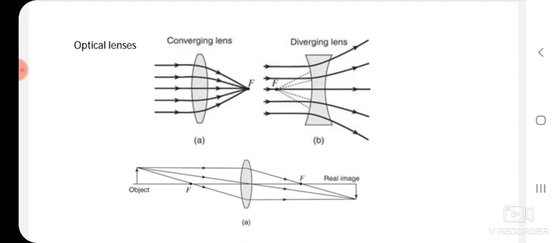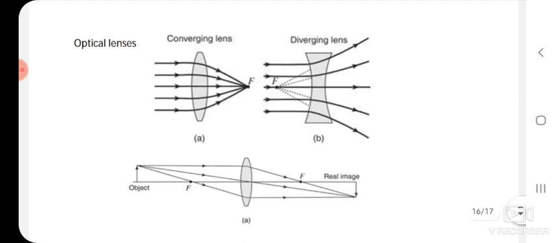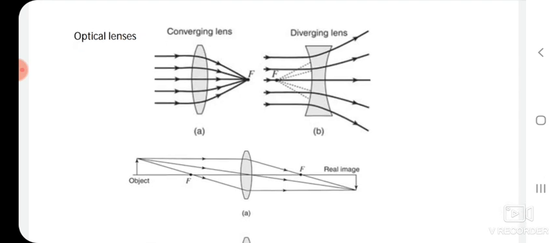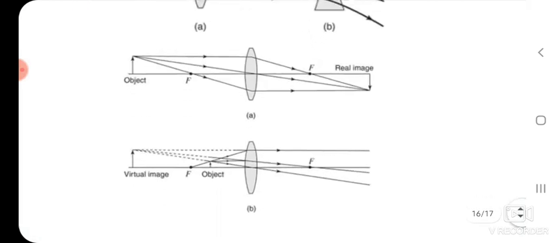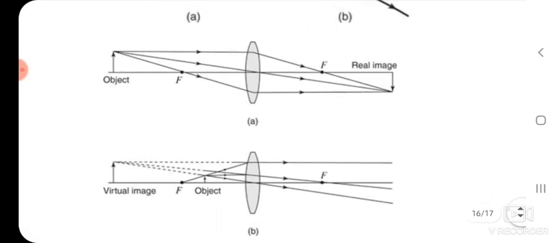So the ray diagrams for two cases of converging lenses are shown here, part A and part B. The ray diagram for a converging lens shows the formation of a real image and a virtual image in figure A and B respectively.